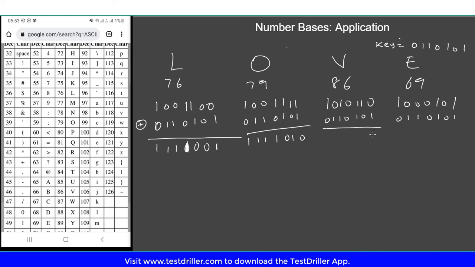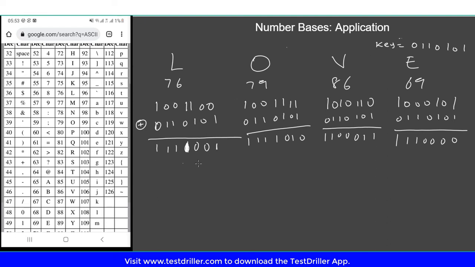So this is going to give you 1, 1, 0, 0, 0, 1, 1. And lastly, we have 0, 0, 0, 0, 0, 1, 1, 1. These are all in base 2. So this is what we're going to send to Bob in base 2.